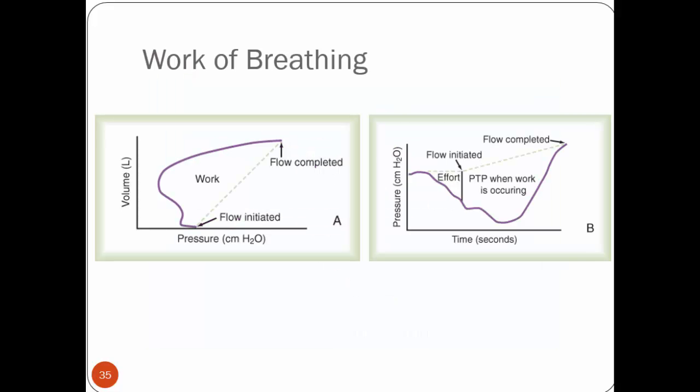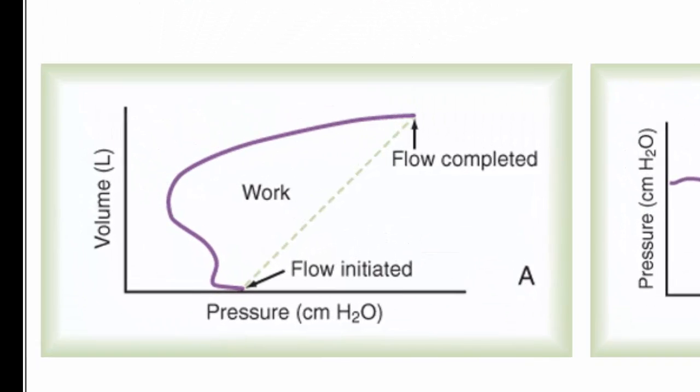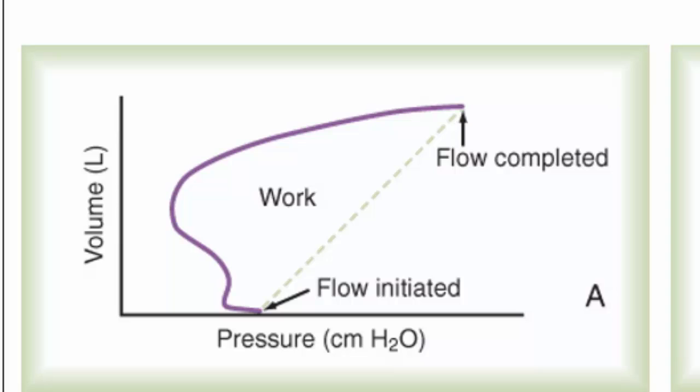This is figure 46-6 on page 1171. This is evaluating work of breathing in part A, and from the same spontaneous breath, the patient receiving mechanical ventilatory support. The dashed lines represent a tracing of passive inflation by a ventilator-supported breath.